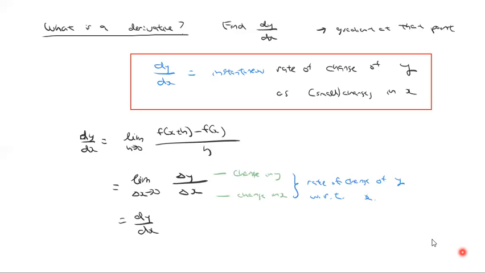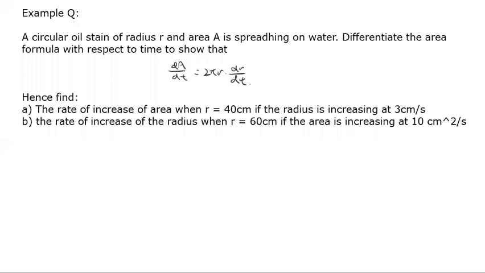Well, if that's clear, then when we do rates of change questions, it's quite simple. You're simply just taking this interpretation and then using derivatives in it. So let's take a look at this example. It says a circular oil stain of radius r and area A is spreading on water. Differentiate the area formula with respect to time to show that dA dt equals 2 pi r dr dt. All right, so let's do that first.